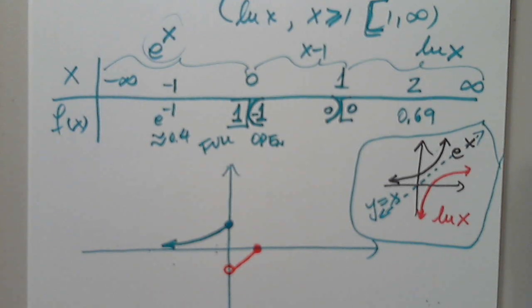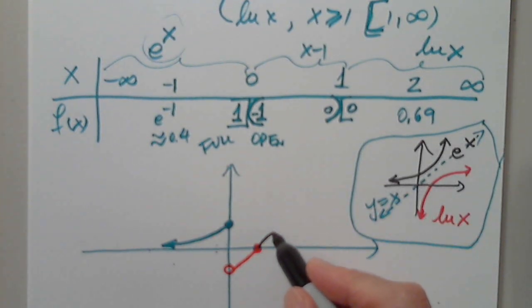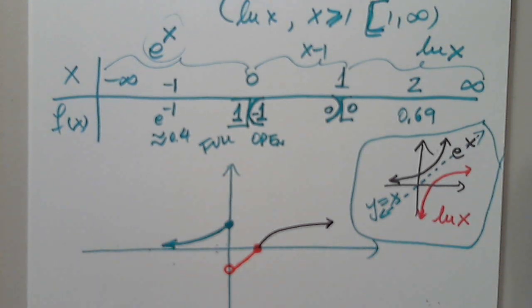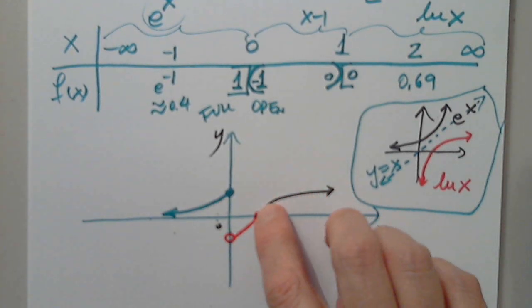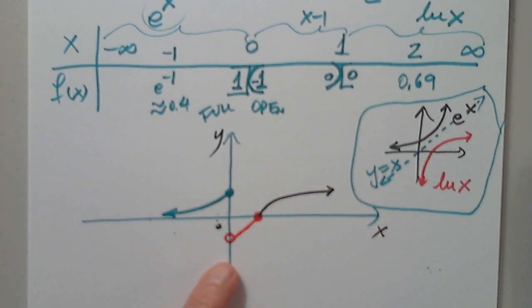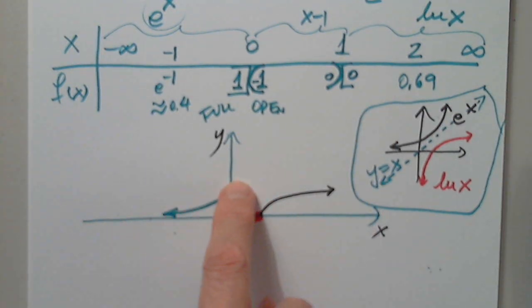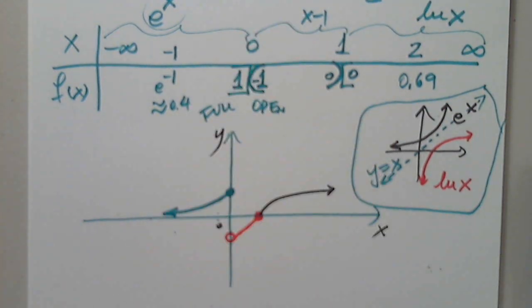And now finally, the last branch. So at 2 is whatever. You cannot extend the natural log this way. You cannot extend the linear function this way or this way. And you cannot extend the e to the x that way.